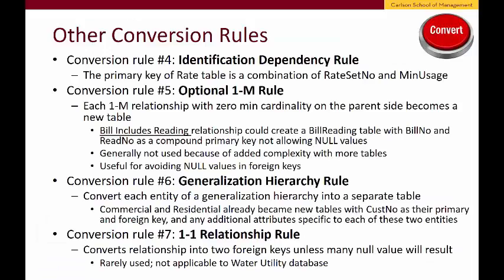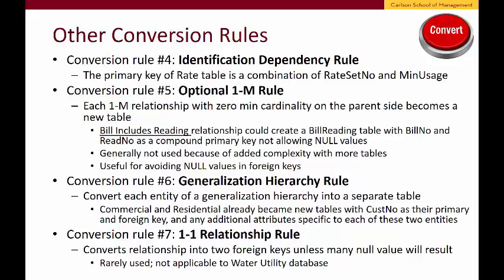Before my recording abruptly stopped for no apparent reason, I was discussing a few of these remaining conversion rules that we are not going to use as much, or they're less common, but nonetheless important. I talked about the identification dependency rule number 4, and then conversion rule number 5 for the optional 1 to m rule.